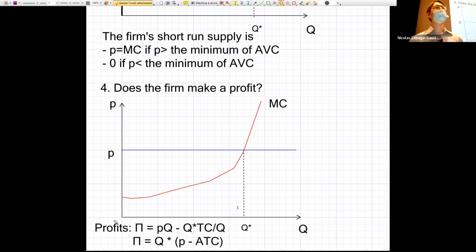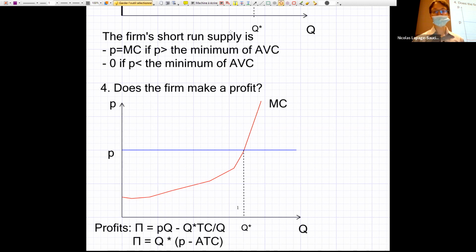If I produce 1 car, what's the average total cost of this factory? Well, it's the price of the gigafactory divided by 1 car. So it's astronomical. So of course, I want to produce as much as possible to make up for all the fixed costs I had to pay to build it.